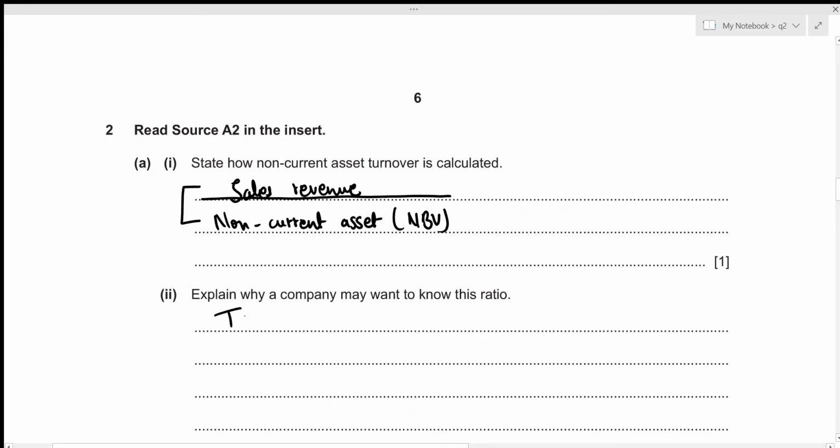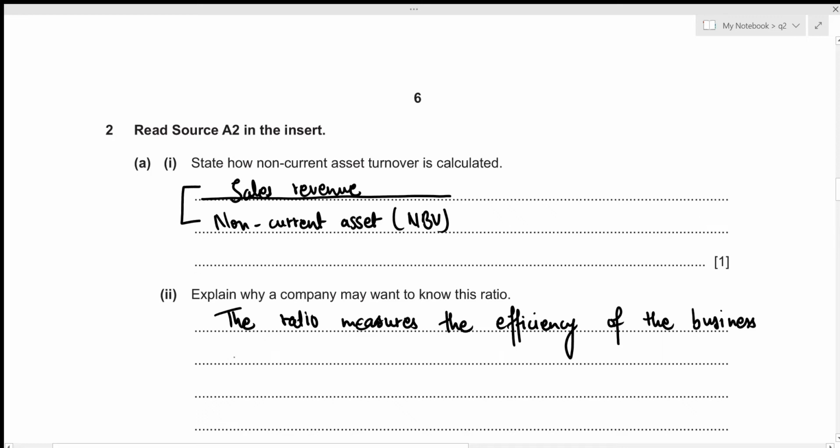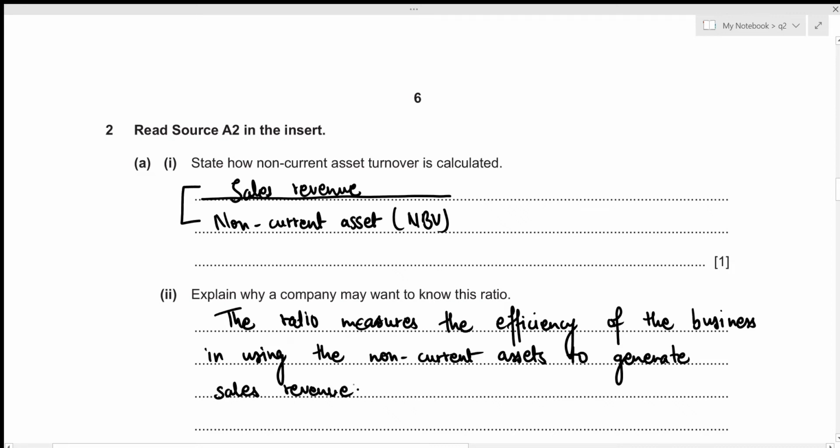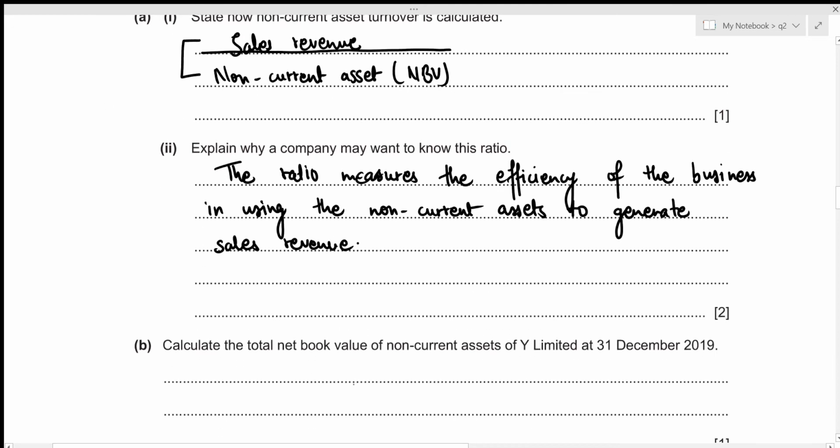The ratio measures the efficiency of the business in using the non-current assets to generate sales revenue. And this concludes the first part of this question. Now we can move towards the second one.